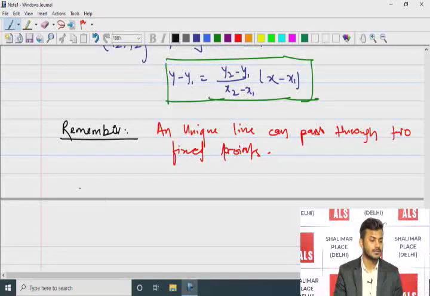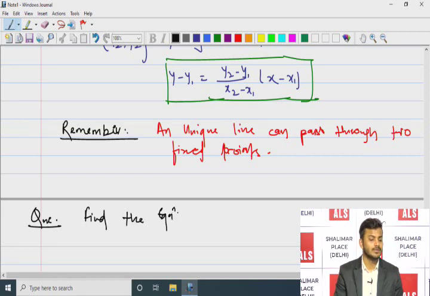Question is, find the equation of lines passing through the following points.